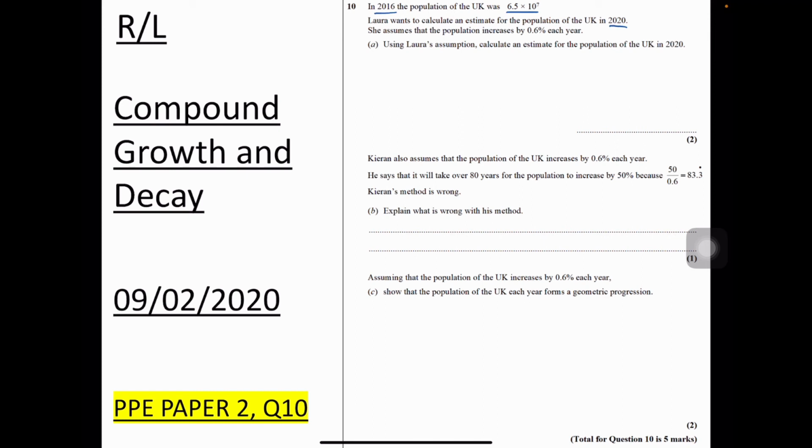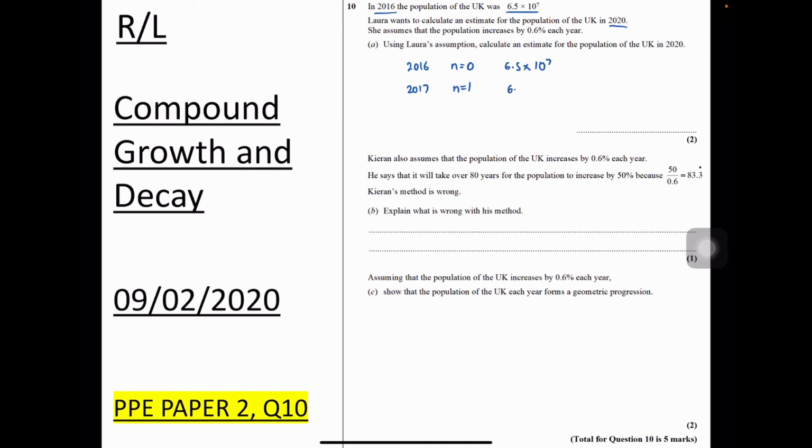Using Laura's assumption, calculate an estimate for the population of the UK in 2020. So let's say 2016 is n equals 0, and we have 6.5 multiplied by 10 to the 7. n equals 1 would give us the population in 2017.